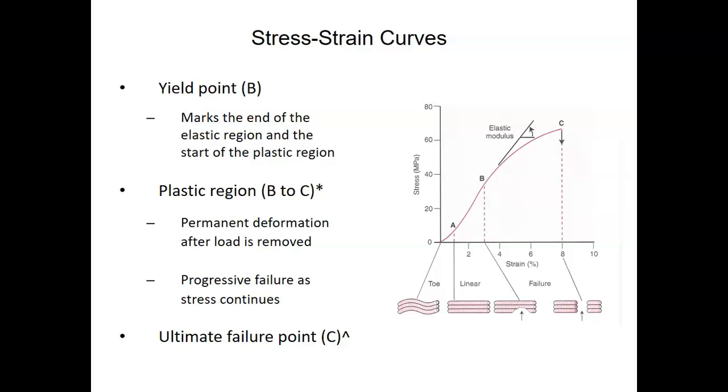The more I pull on that tissue, the more damage there is, until I get to C, and C is the ultimate failure point, where the thing just snaps, and then you have no response to the force because it has failed.